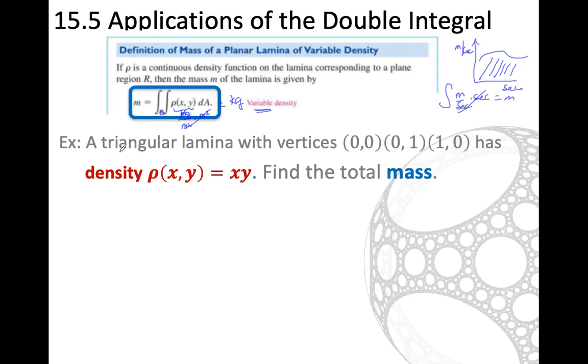So, for example, if I give you a triangular lamina and tell you the vertices and the density function, where the density varies by the product of the x and y coordinates, find the total mass. Let's draw this first.